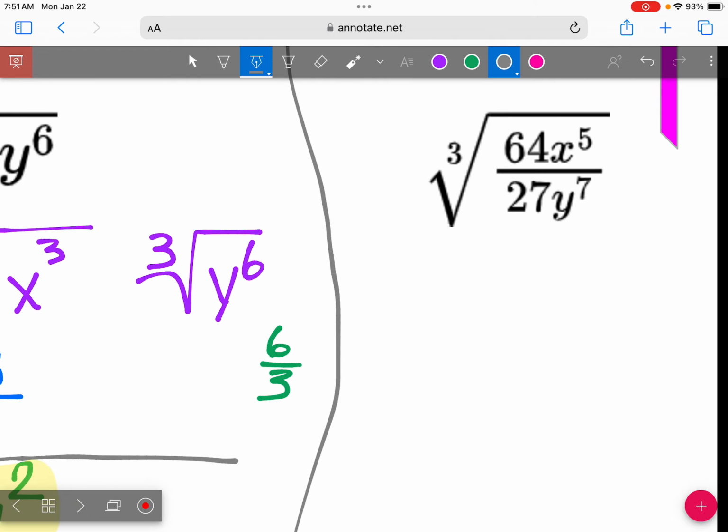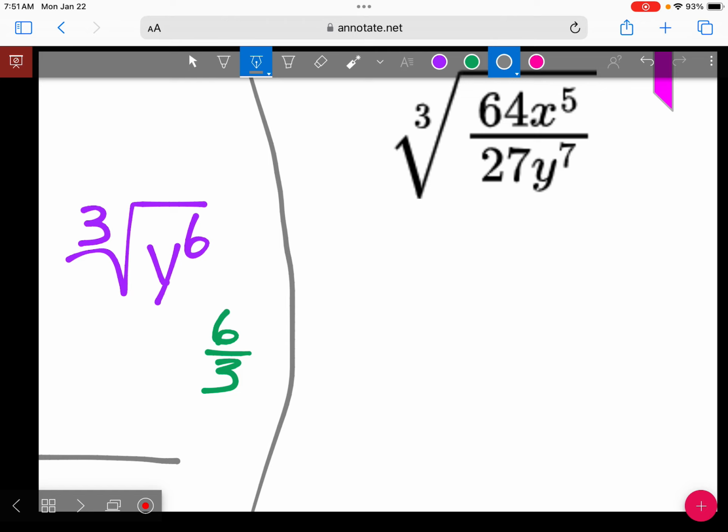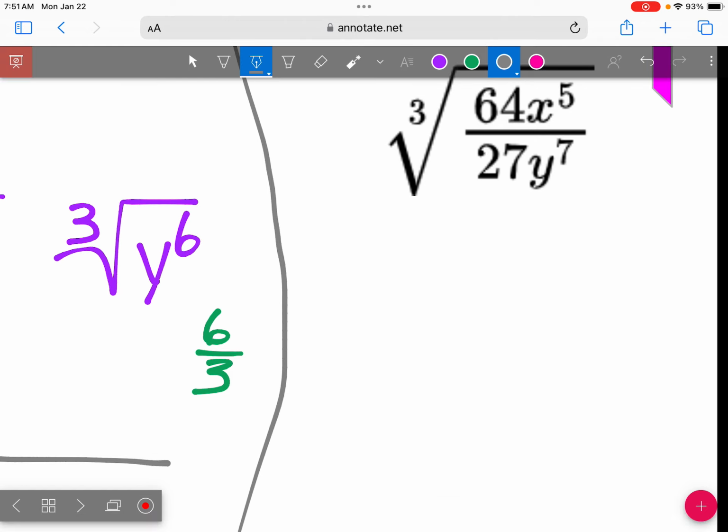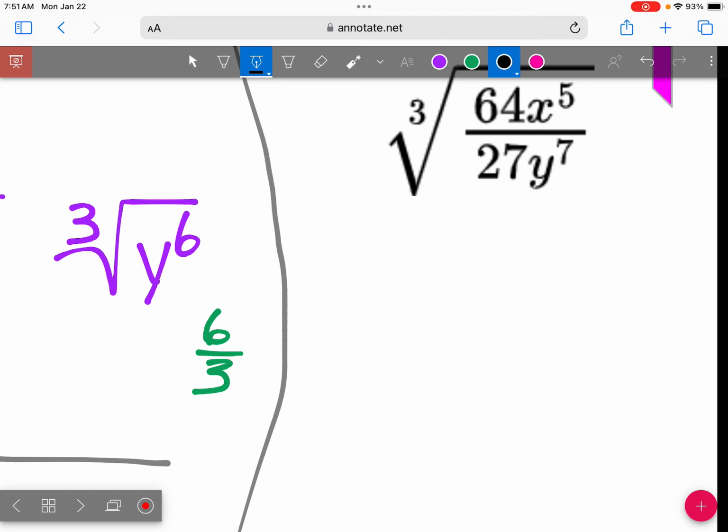Okay. Let's look at this funky one with the division. Because this is now expecting us to remember some exponent rules, because we treat radicals like they're exponents. So like how we took it and divided it into separate multiplications, we're going to split this into separate divisions.